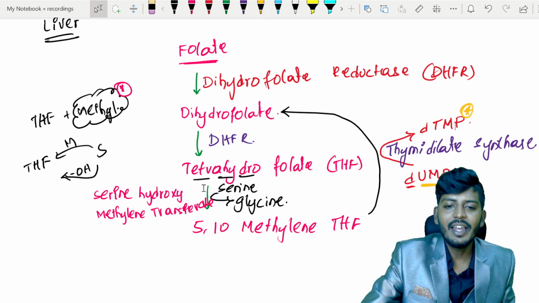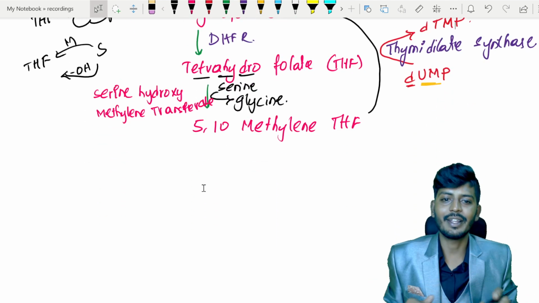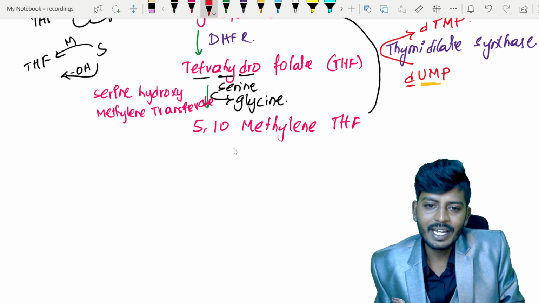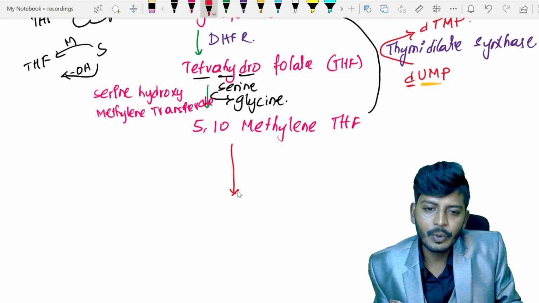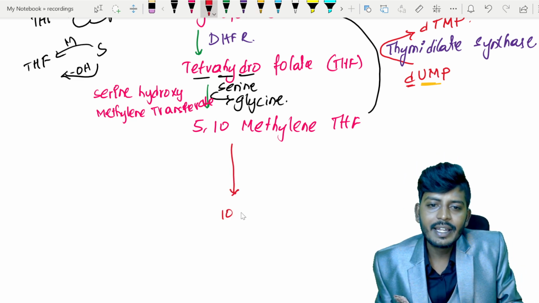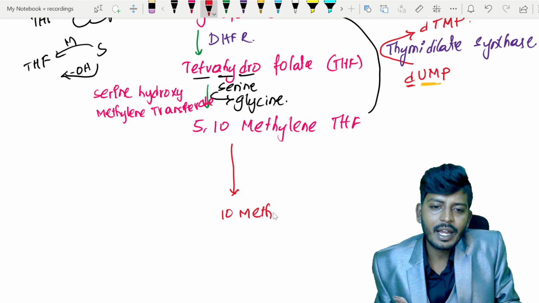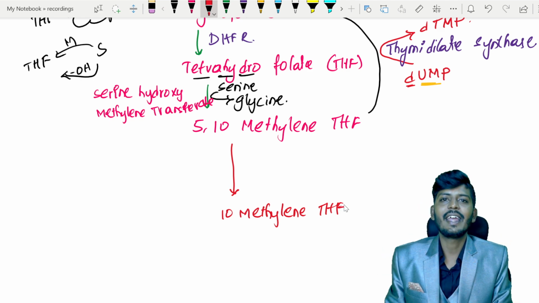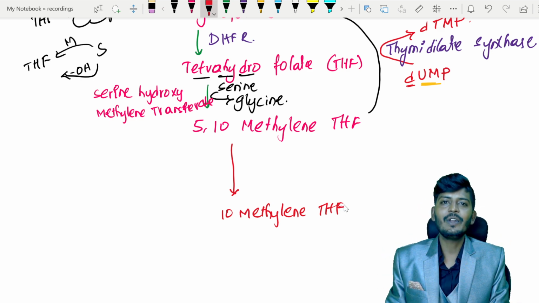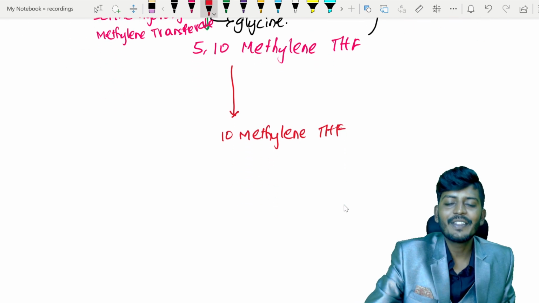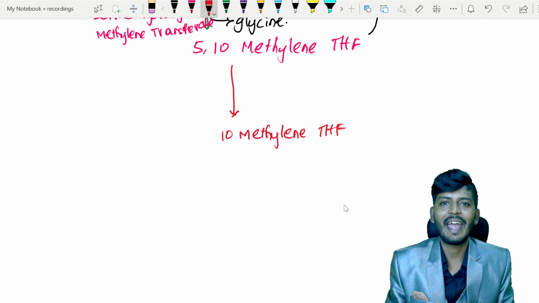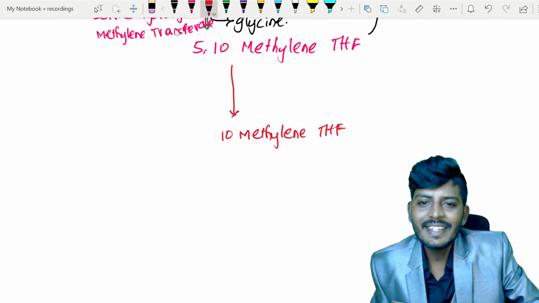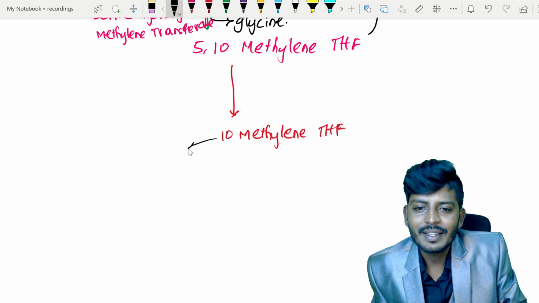But that is not the end of the story. What happens further? This methylene tetrahydrofolate can get converted into something called 10-formyl tetrahydrofolate. This 10-formyl tetrahydrofolate will further be involved in purine synthesis, my dear students.